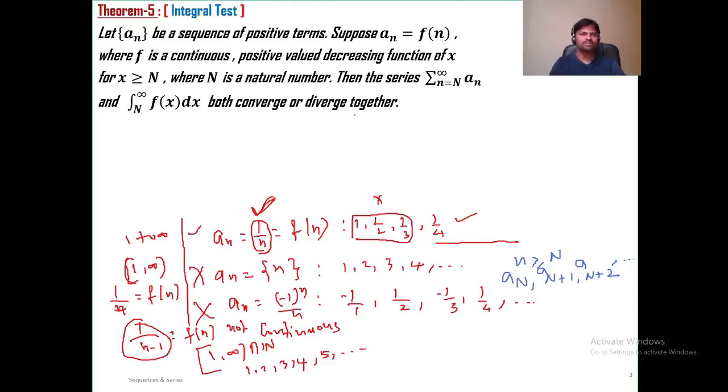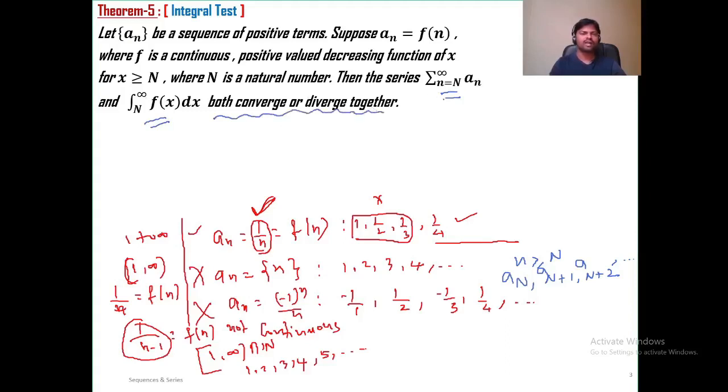So in this test, what we are going to do is find the integral value. If this integral value is finite, then the integral converges, and therefore automatically this series converges. If this integral value is infinity, then the integral diverges, and therefore this series also diverges. Like that, both converge or diverge together.